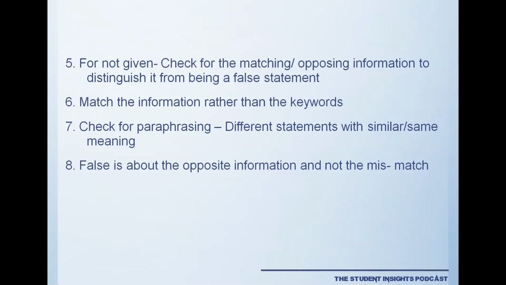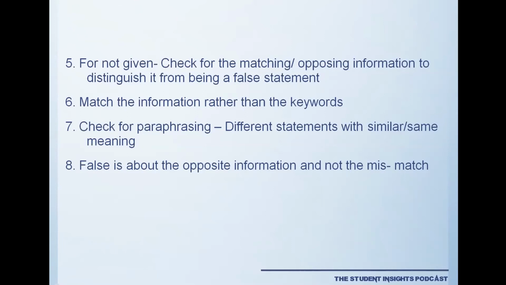So a very good tip in this situation is, you should actually look at the opposite, or create an opposite statement. If you have a statement and you create an opposite one, and that opposite statement is opposite to the information being given in the passage, then that is a sure shot no, or a false.